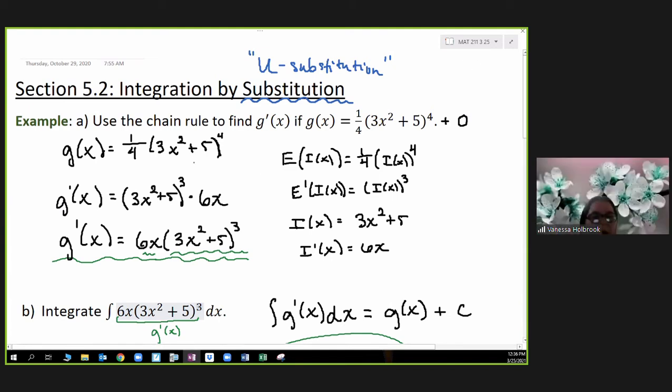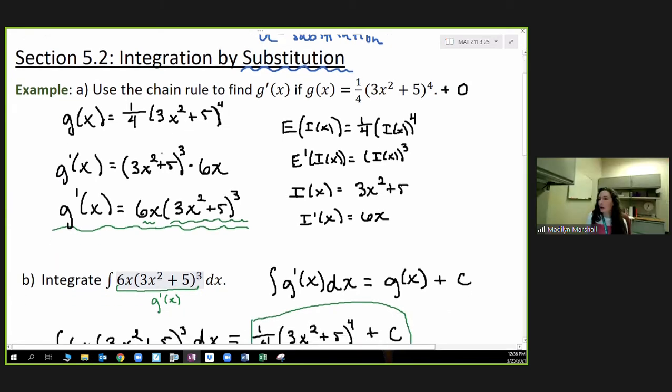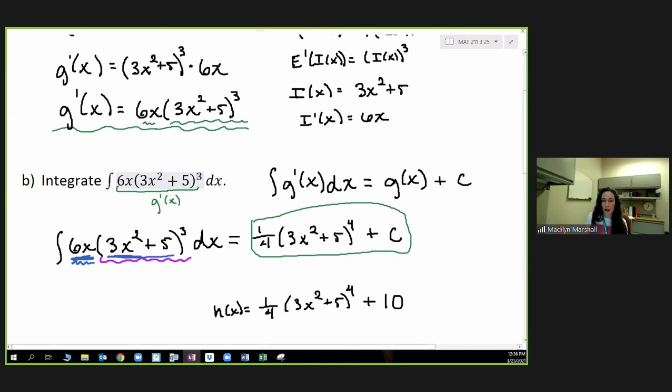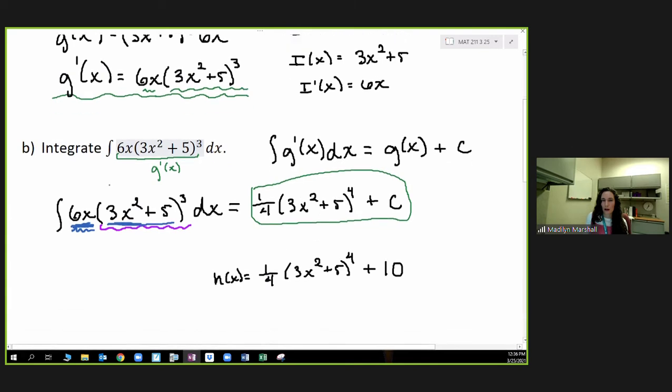Is there a way to just know that all you need to do is add a plus C as opposed to going through the chain rule? Well, we always need a plus C if we're doing an integral, no matter what. I'm not sure if I answered your question.